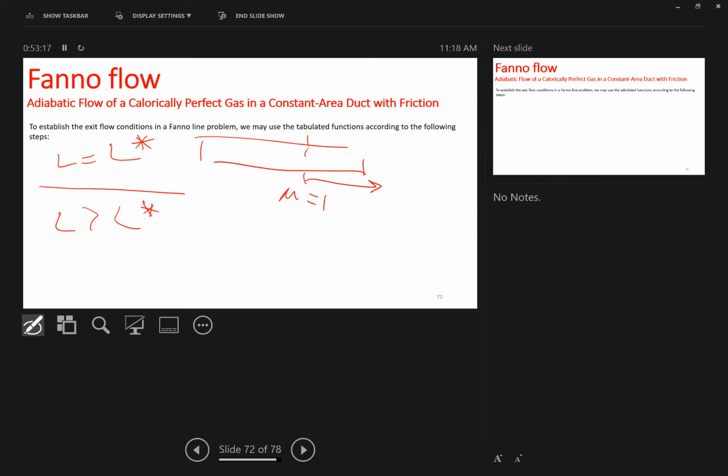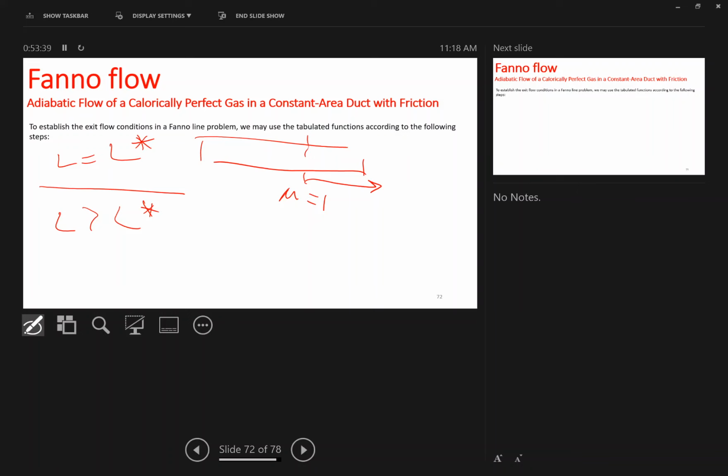L star is determined by the inlet, not the sonic condition itself. So the sonic pressure, sonic temperature, all of these are going to remain the same. So you can say that after the adjustments are made, your outlet conditions are these. Does this make sense?